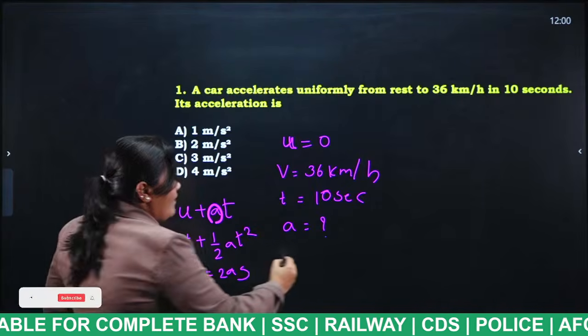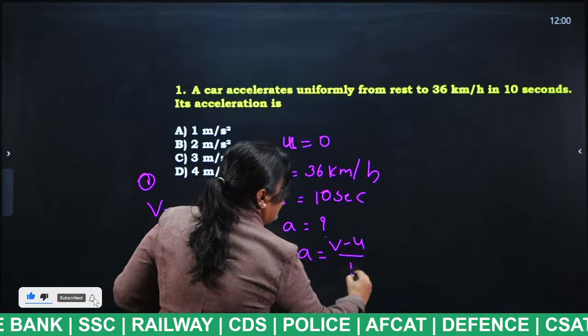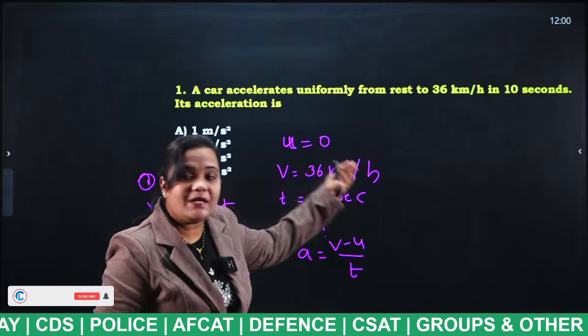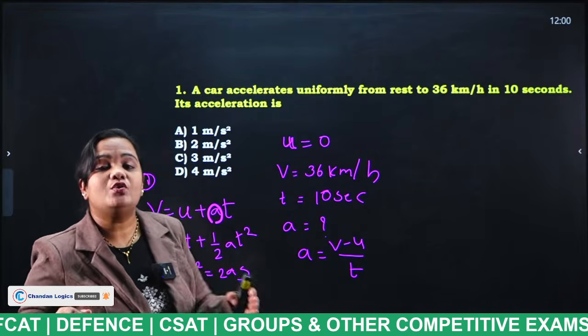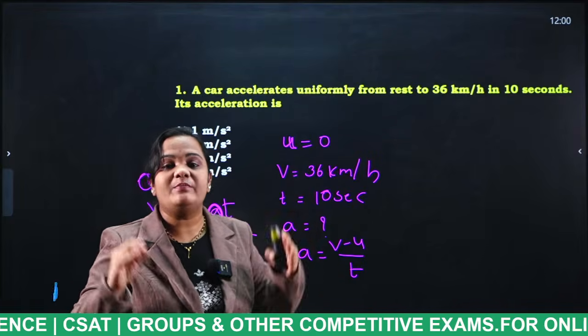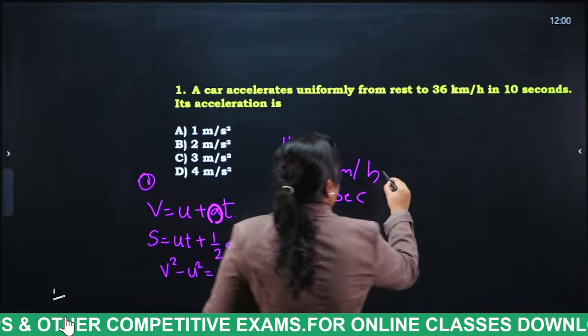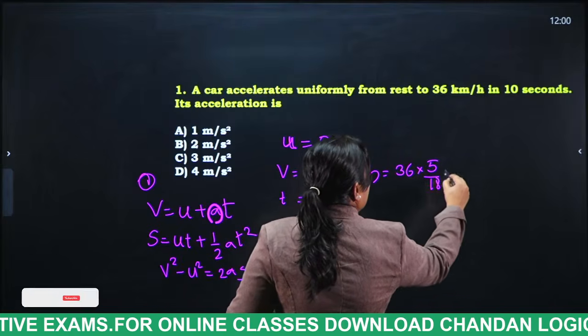From this formula, we get A = (V - U)/T. Before this, we have to convert kilometers per hour into meters per second. We all know very well how to convert: multiply by 5/18. That is the standard one. 36 into 5/18 meters per second.